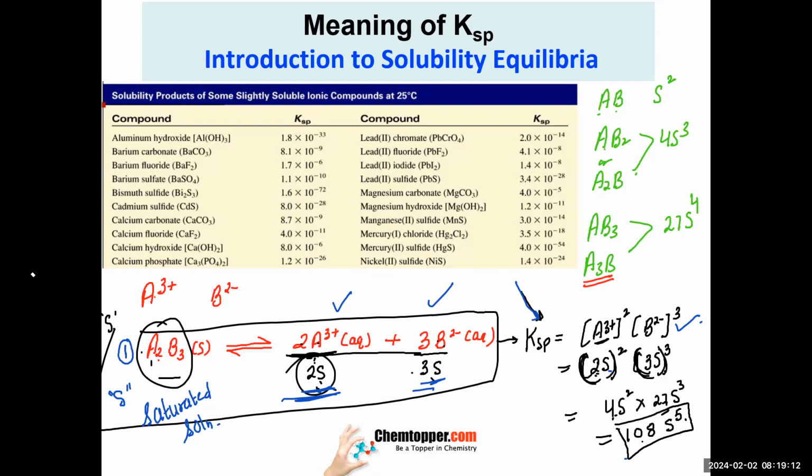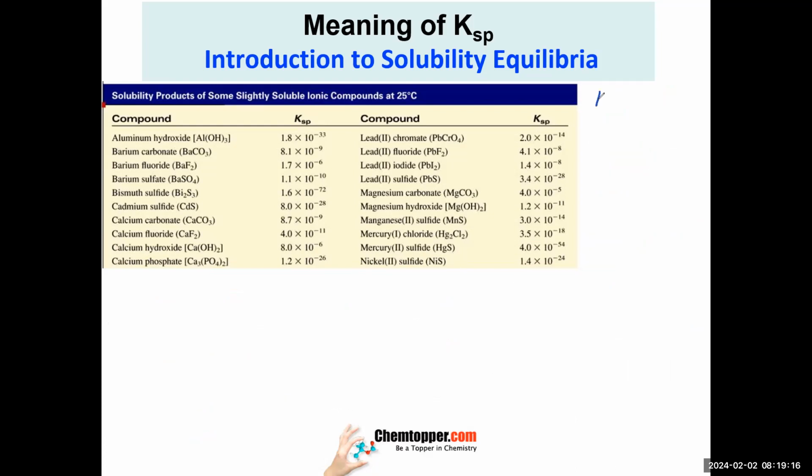So now we have done different types of salt. AB. What is the Ksp expression of this type of salt in terms of molar solubility? All of you, please try to answer. A2B.